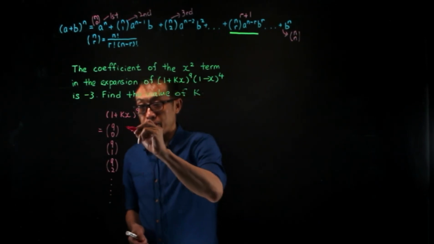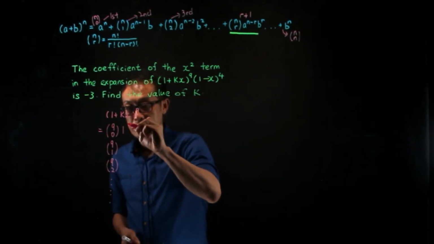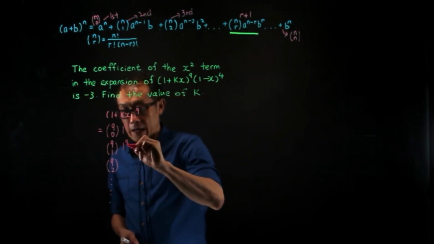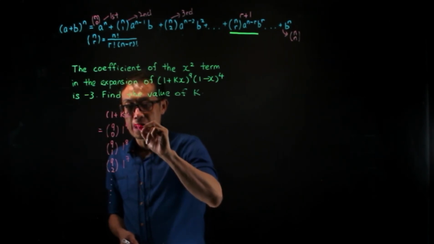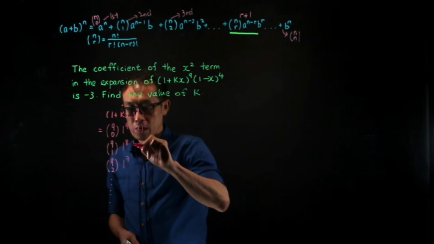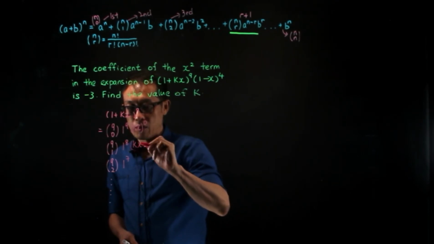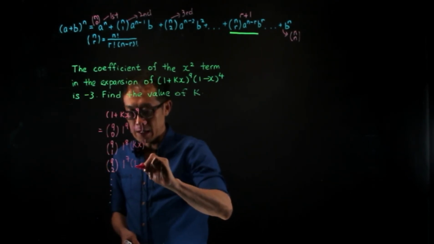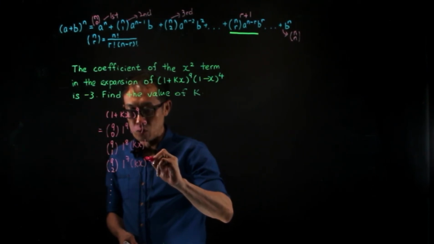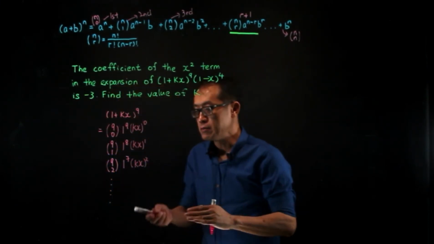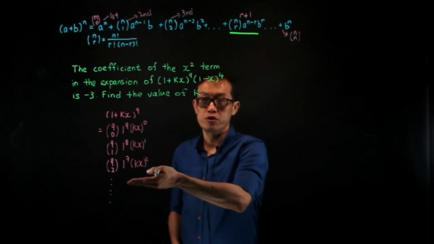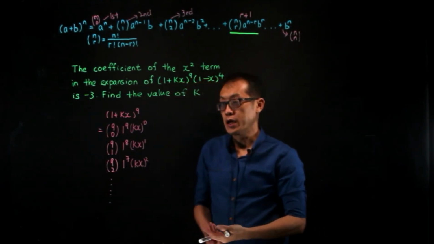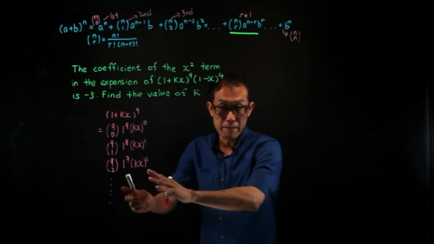Then you have 1 to the power 9, 1 to the power 8, and 1 to the power 7. Then you have kx to the power of 0, kx to the power of 1, and kx to the power of 2. Now, the terms after these will have the power of 3 or higher. Just bear that in mind first.